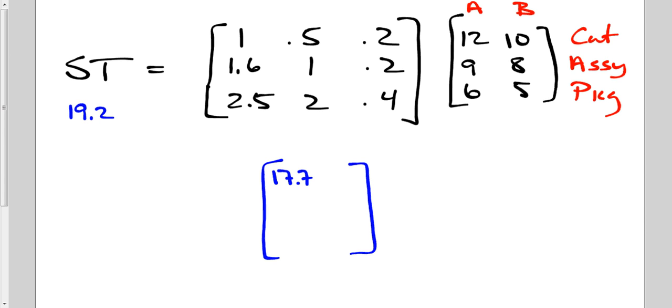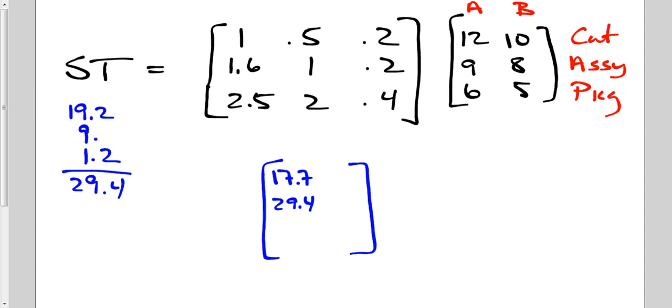Okay? 9 times 1, I can do that. 6 times 0.2, 1.2. That's 4. That's 19. That's 29. 29.4. Wait, 22.